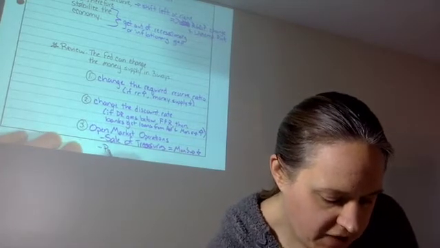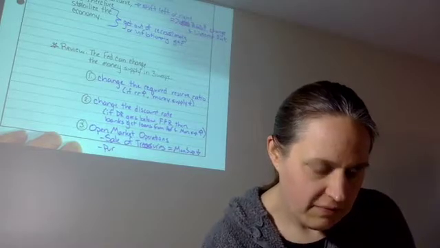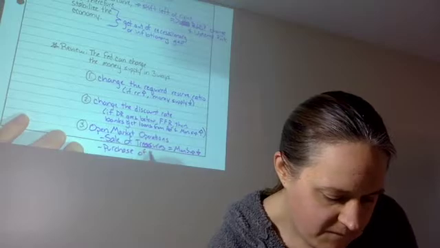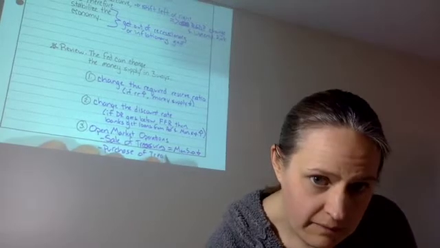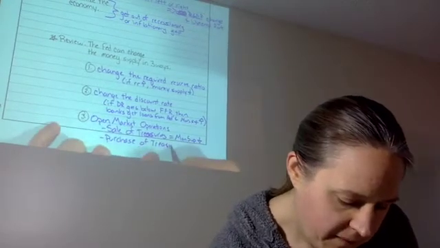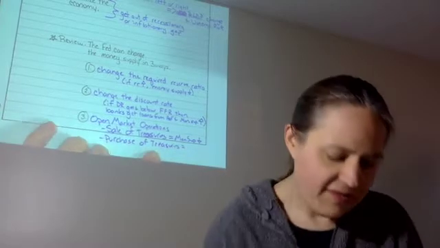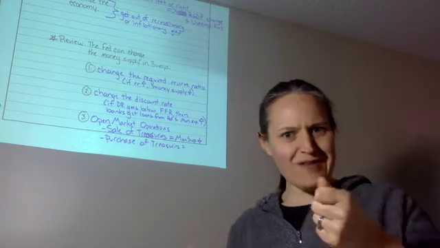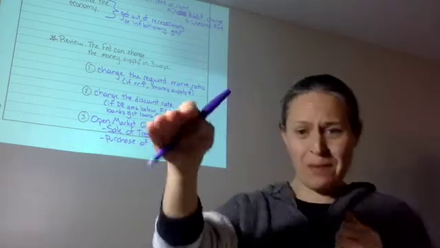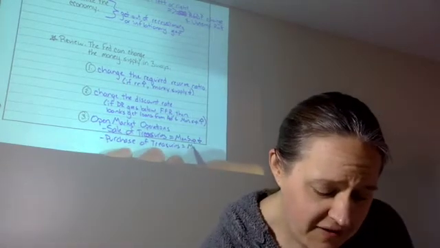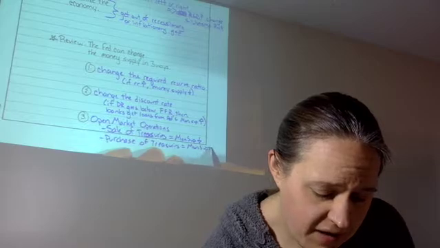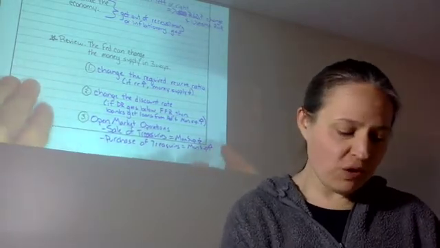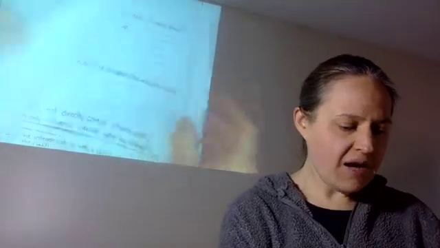And then purchase of treasuries. That means the Fed gets the piece of paper, the treasury, and they give out the money to the bank. So that means the money supply goes up. Okay, so that's a little review of those tools.